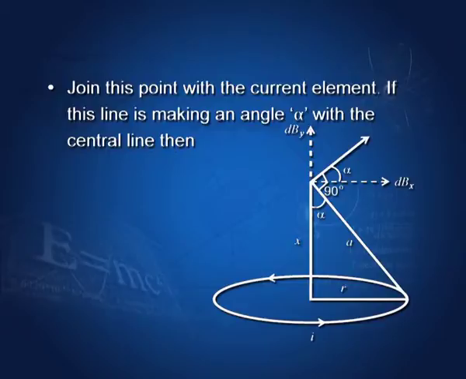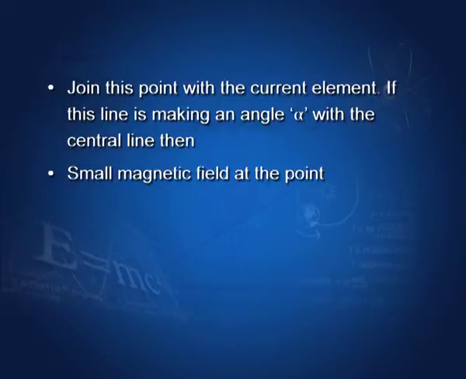If this line is making an angle alpha and its length is a, then the small magnetic field at the point, dB, will be equal to mu naught upon 4 pi, I dl sin theta divided by a square.